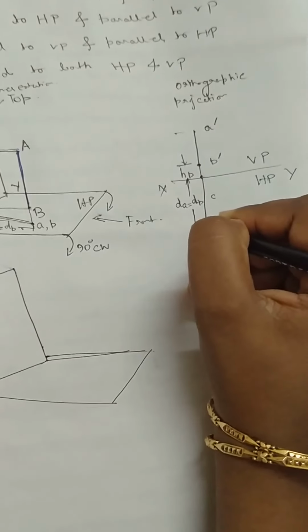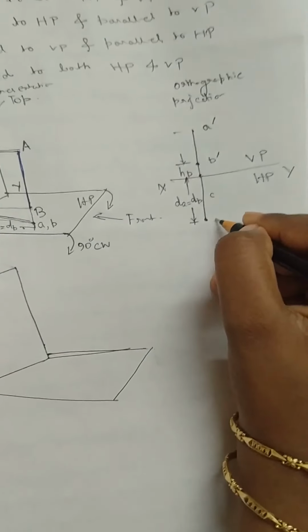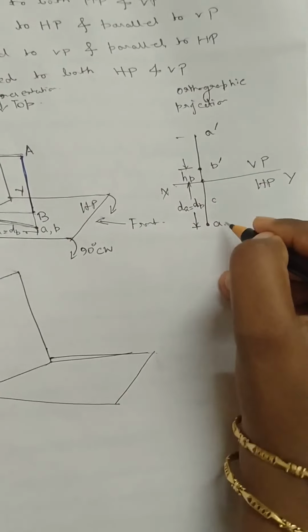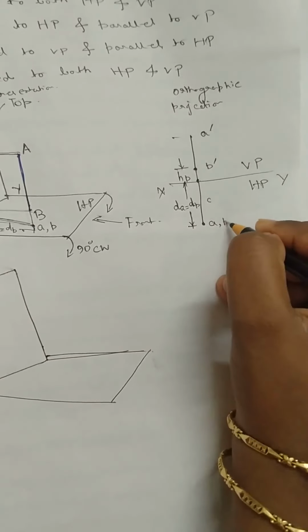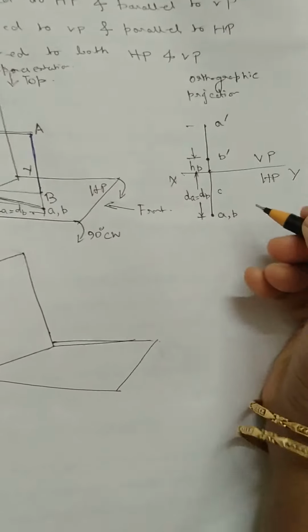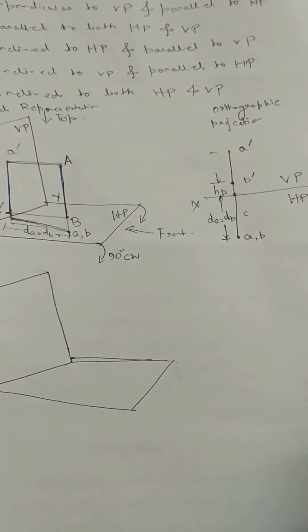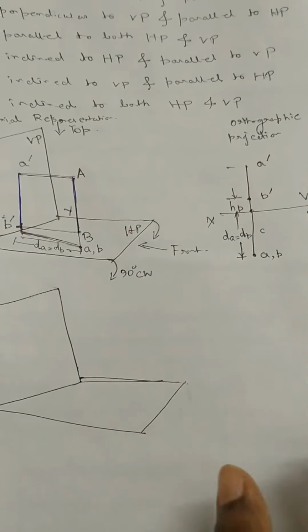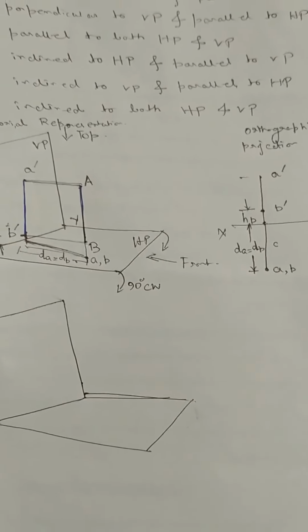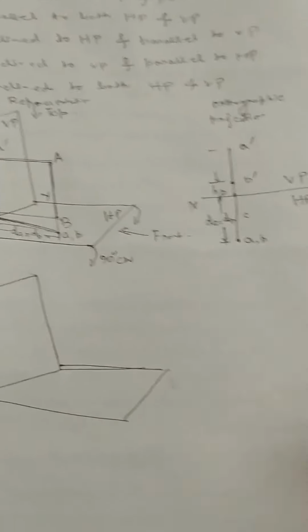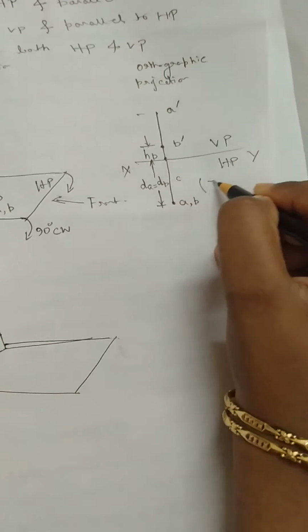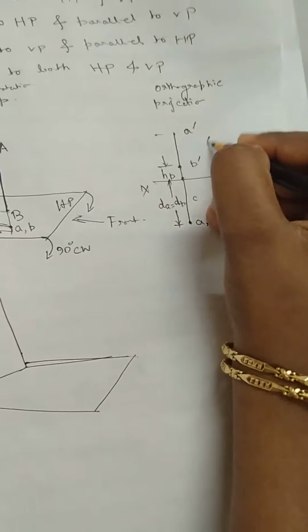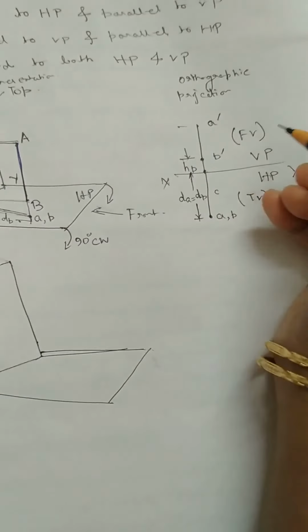DA equal to DB. Why? Because both the A and B points will be situated in one point for this case. So this will be your top view, this will be your front view.